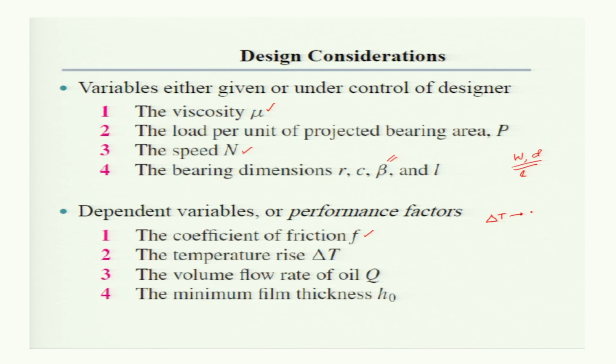Now, with the change in viscosity, the Sommerfeld number or the bearing characteristic number mu N by P will change, and there will be a certain change in the operating system, and that may lead to failure also. So, this delta T is also very important, whether it is within our range or not. The volume flow rate of oil Q, the minimum film thickness h0.